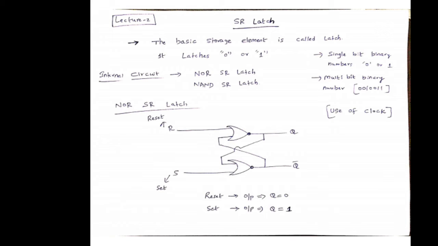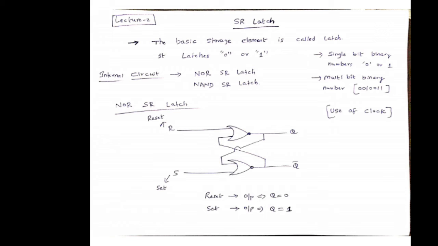The internal circuit of SR latch has two types of circuits, using NOR gates and using NAND gates. First we would like to explain NOR SR latch. In coming slides I would like to explain NAND SR latch. In NOR SR latch I am using two cross coupled NOR gates, and inputs are S and R, outputs are Q and Q bar.